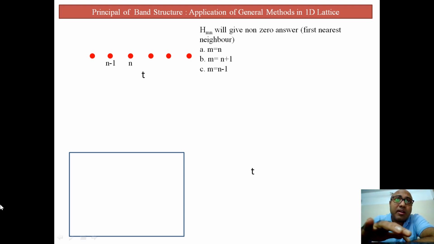This nth point, what is the energy over there? Epsilon. I don't need to explain here, because you can go back and check why the nth lattice point has the energy epsilon. You can understand it if you consider a basis function over here, and if you multiply the same basis function with this atomic point, you will get the highest energy, and that is called epsilon.